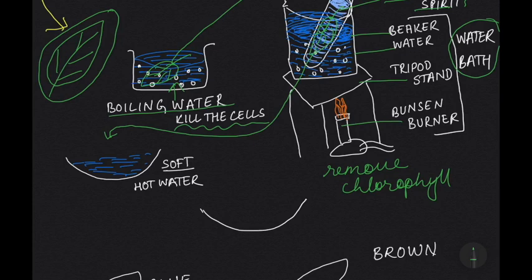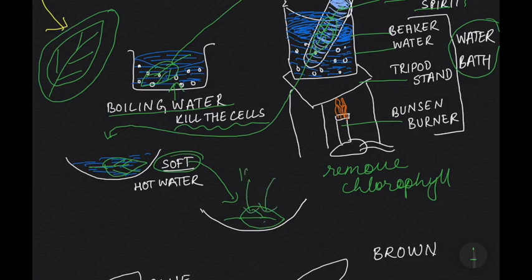So you take that leaf and place it in hot water. Why are we placing it in hot water? To make it soft. Now you take that leaf, place it in a container, and pour iodine solution over it. That is the iodine test.